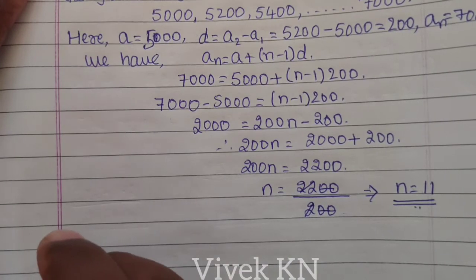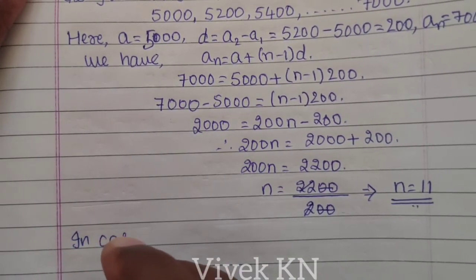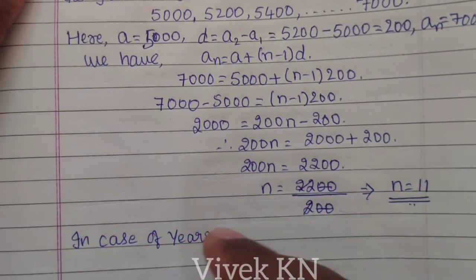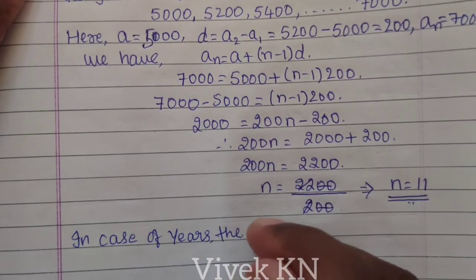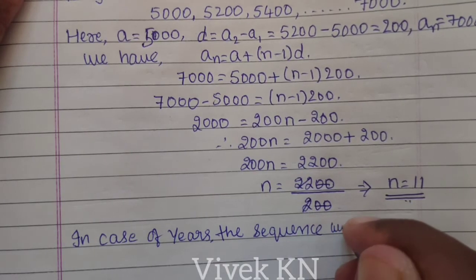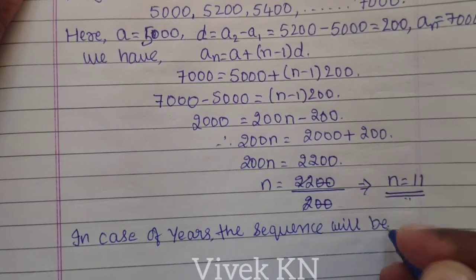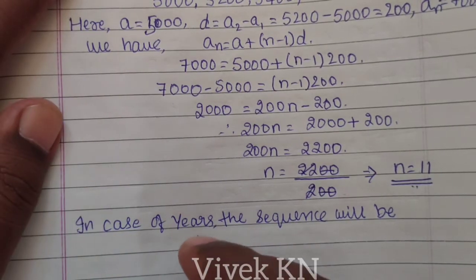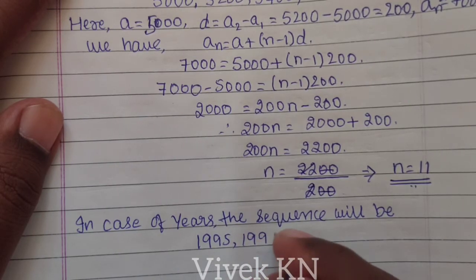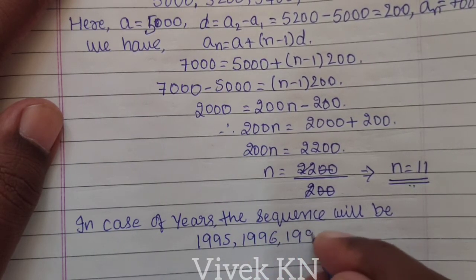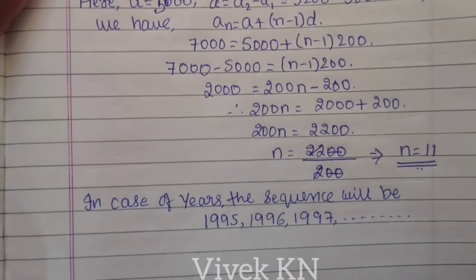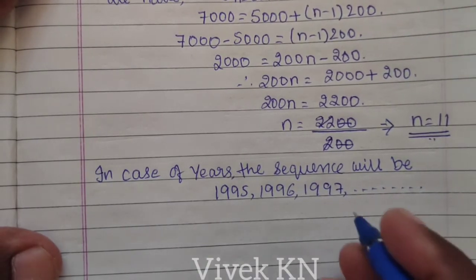In case of years, the sequence will be 1995, 1996, 1997, and so on. Now we have to calculate the value of n.